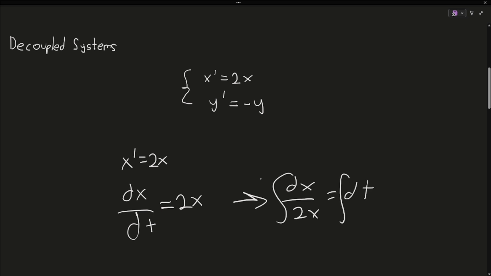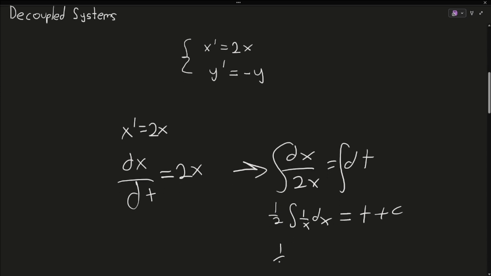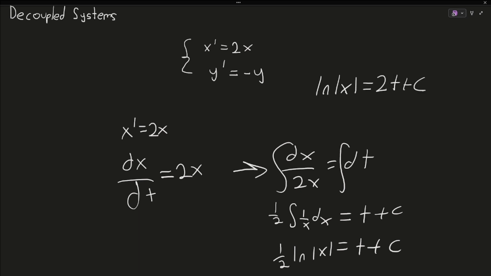And we can go ahead and integrate, and this will mean that 1 over 2 integral of 1 over x dx equals t plus c, and this integral will be 1 over 2 ln of x equals t plus c. Multiplying everything by 2, we will have the equation ln x equals 2t plus c.